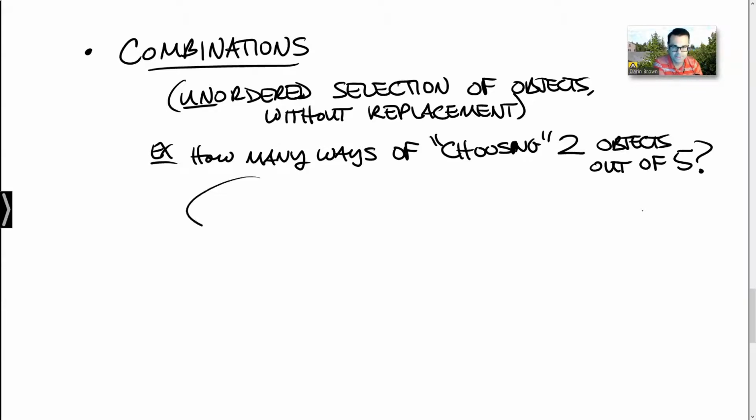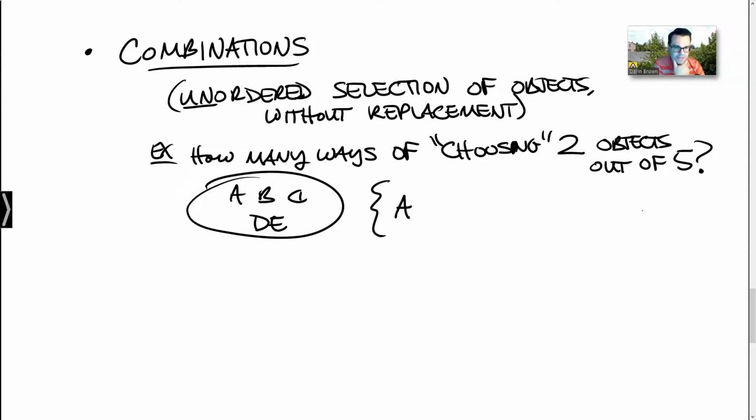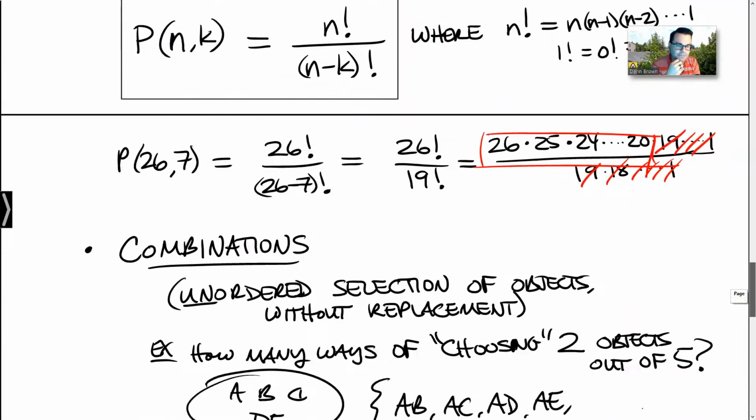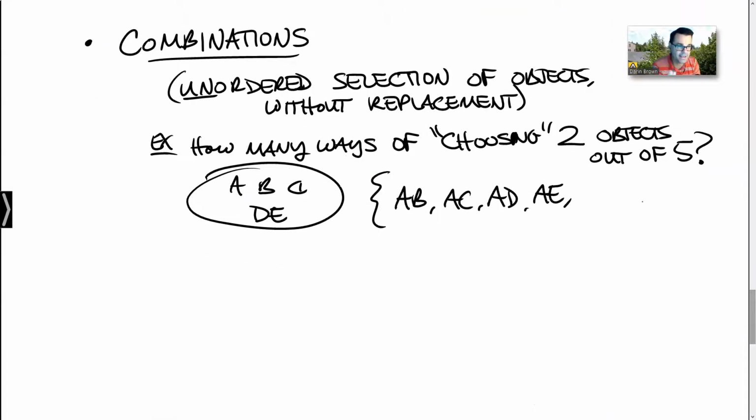Okay, so in this case, again, we have A, B, C, D, E. But now, when we're listing the combinations, there's just AB, AC, AD, AE. Now, when we start with B, though, we don't list BA like we did before. So up here we listed BA as separate, but BA is the same as AB because it's just A and B. It doesn't matter the order.